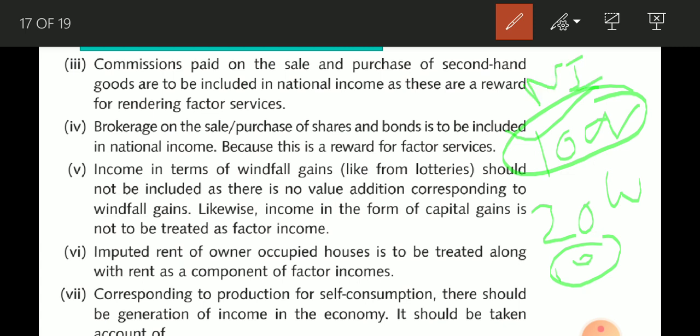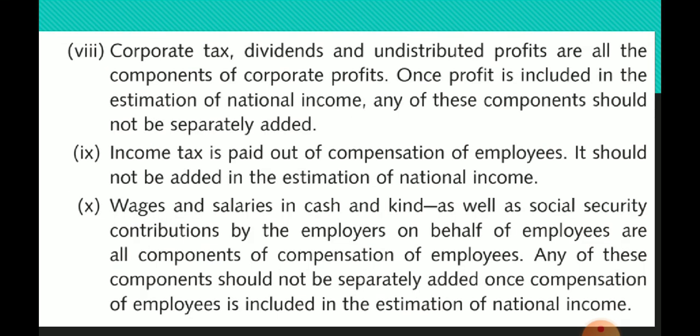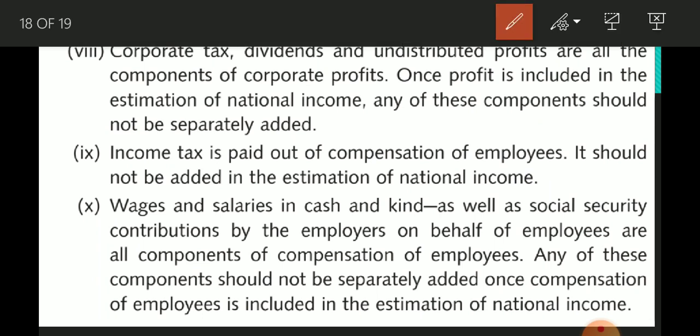Okay students, in this way commission paid on sale and purchase of second hand goods is added, brokerage is added, imputed rent of own occupied houses is added, production for self consumption is also included, windfall gain is not included. Now corporate tax, dividend and undistributed profit are not going to be included if profit is already included.